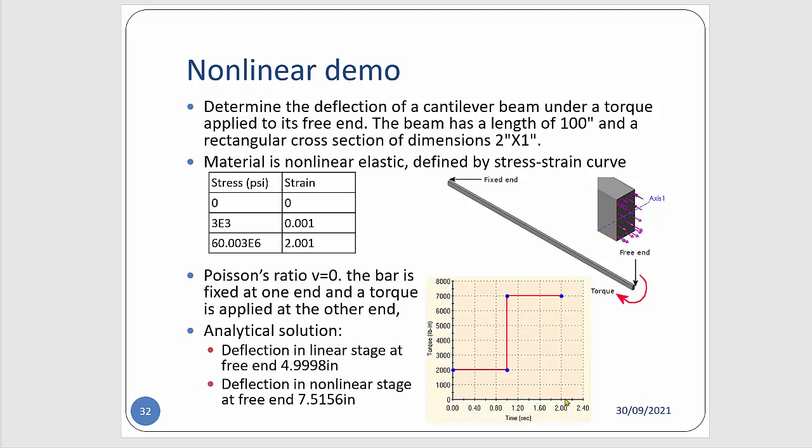The time span is 2 seconds. In the period from 0 to 1 second, the torque is only 2,000 pound-inch in the imperial unit. Under this low torque, the material is in the linear stage, and the deflection can be calculated by the analytical solution, which is about 2 inch.